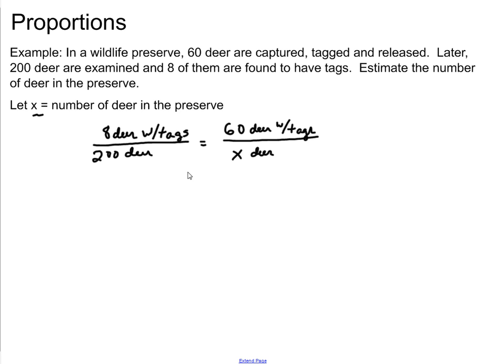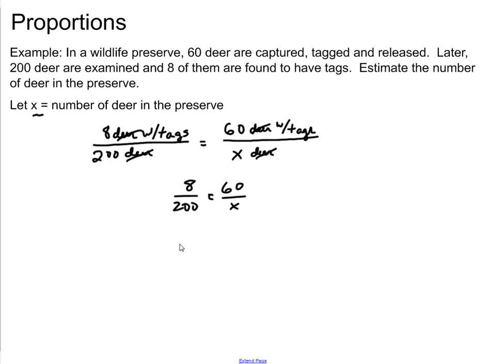Well, there is our proportion: 8 to 200 would be the same as 60 to x. So that's the one we would have to solve. Let's work this through. If we're looking at tags as units, these are going to disappear. So we're going to say that 8 is to 200 as 60 is to x.